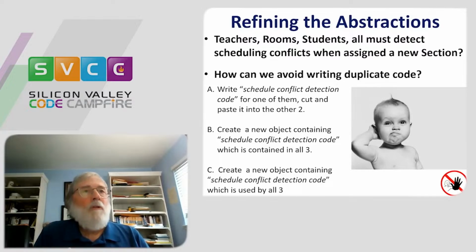Well, we have 3 choices. We can write the scheduling conflict code once and cut and paste it into the other 2 places that we need it. We can write a new object containing the code, or we can write a new object containing the code which is used by all three applications.